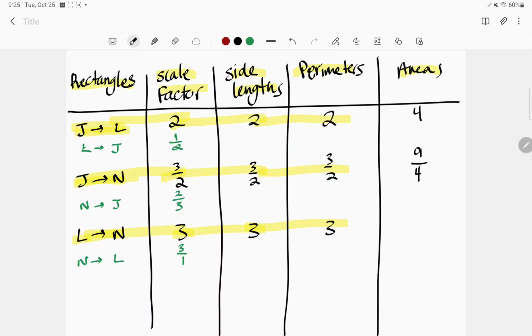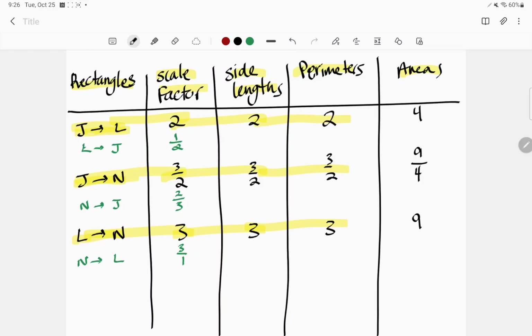Either one of those would work. And then to go from L to N, that was a scale factor of 9. Now, if we look, these are different. Everything else, the scale factor for side lengths and perimeters, all had the same value when we were scaling by 2, by 3/2, or by 3. Right?